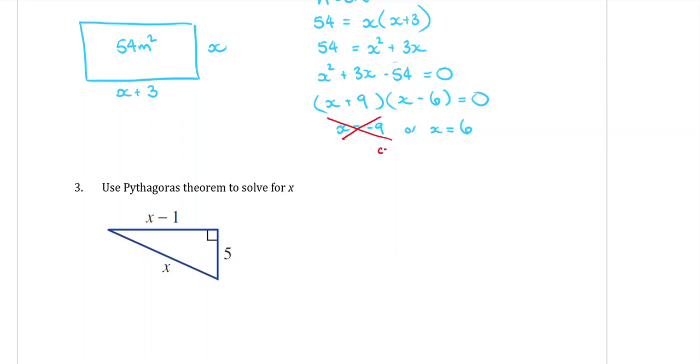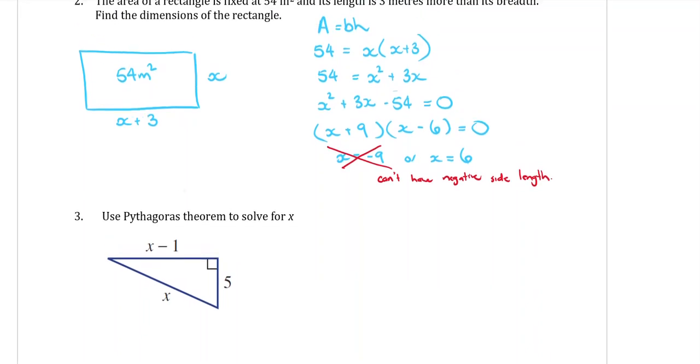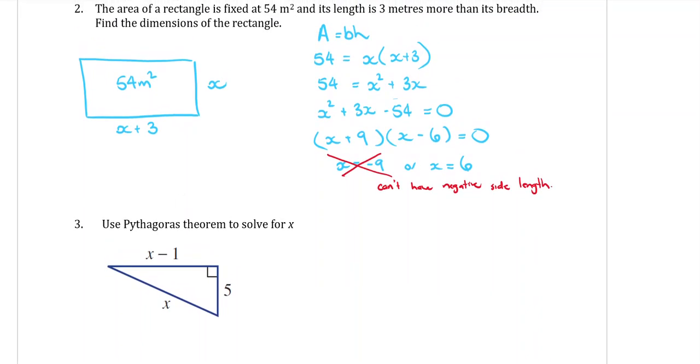So again, I'm going to write a little note. Can't have negative side length. And so I need to write my solution down as a little sentence. But looking back at the question, it says find the dimensions of the rectangle, which means I need the length and the breadth.